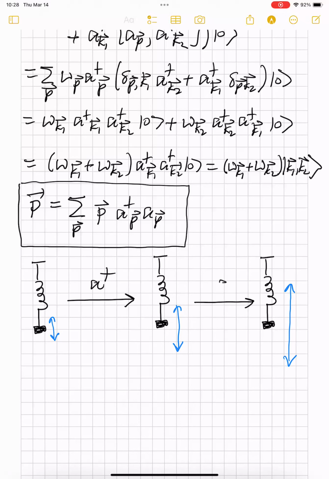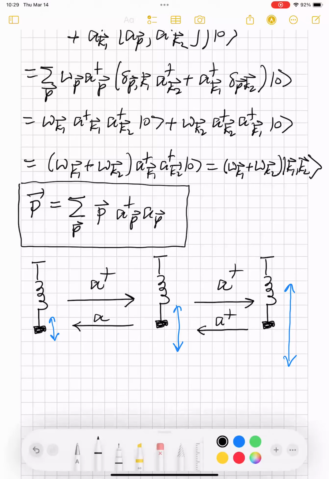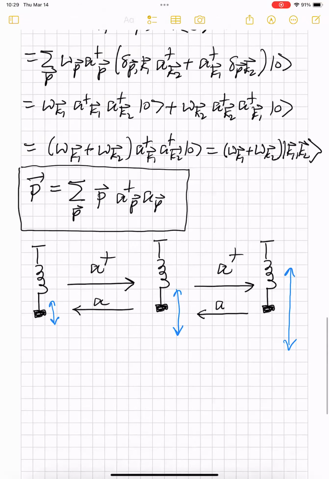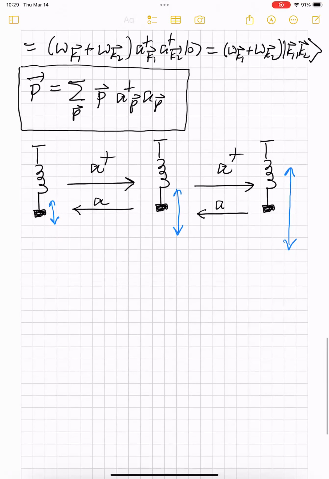So there's always just one particle that's oscillating. But when we act with a dagger, we increase the oscillation of that particle. When we act with a, we reduce the oscillation of that particle. So there was always just a single particle, but we were adding energy to the single particle, adding a packet of energy or reducing a packet of energy.